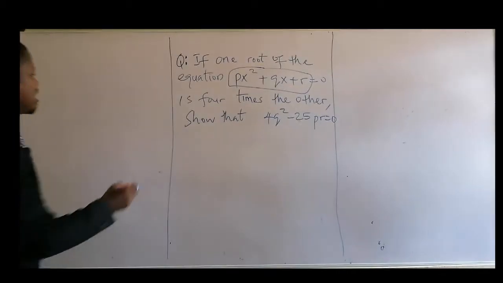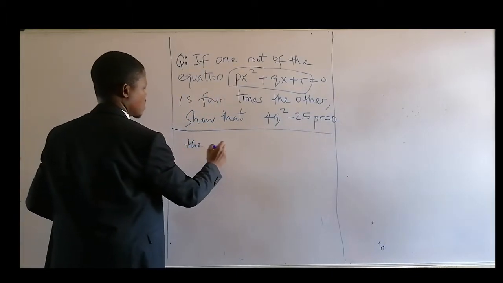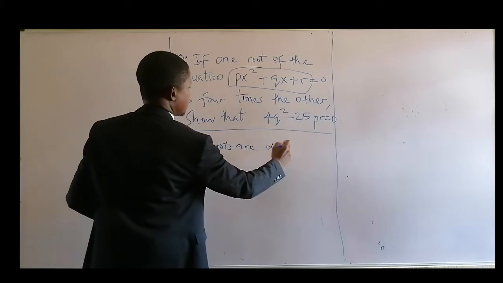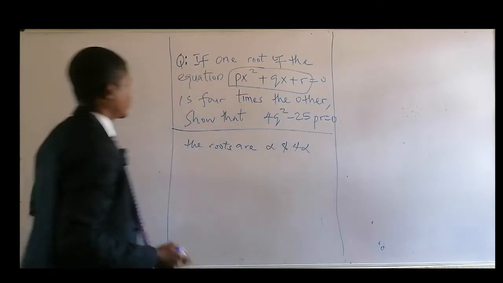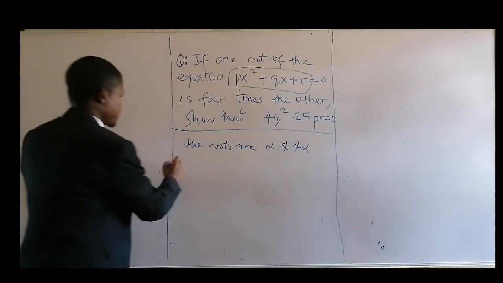So in that case, the roots will be alpha and 4 alpha. One of them is 4 times the other. So let's get the sum.